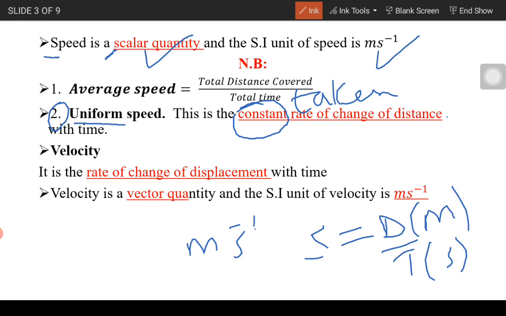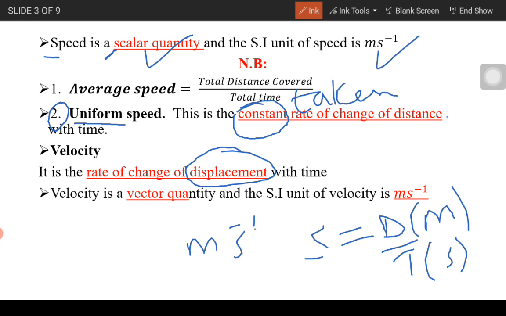Whereas speed deals with distance, velocity deals with displacement. So where there was the word distance for speed, we are replacing it with displacement. Velocity is the rate of change of displacement with time. As simple as that.